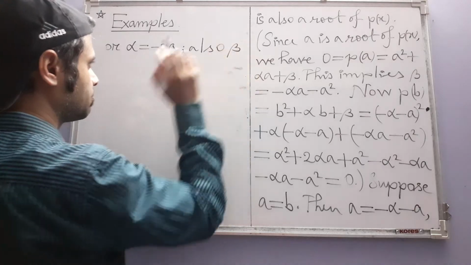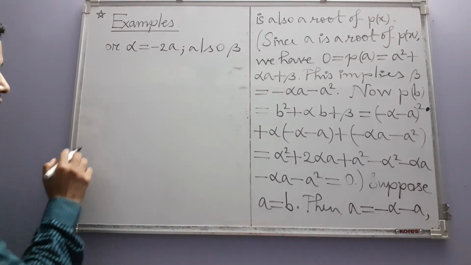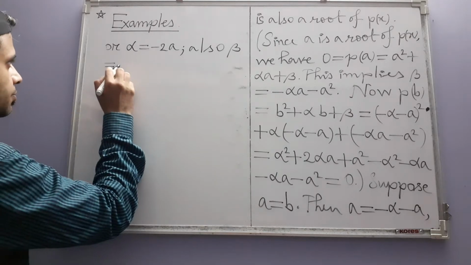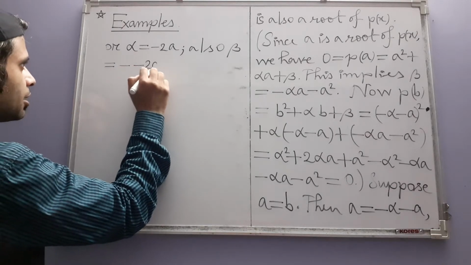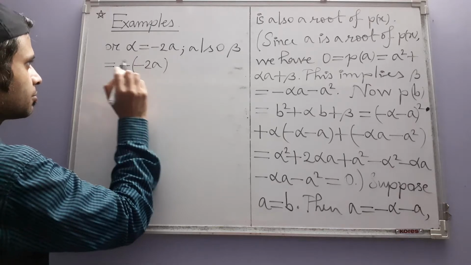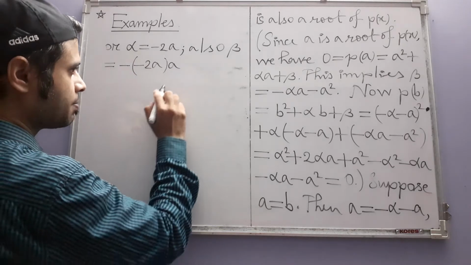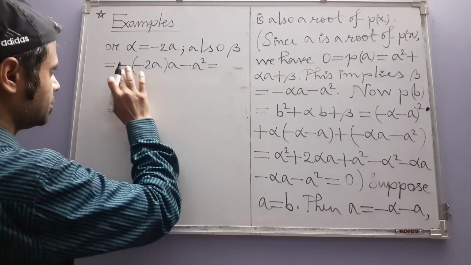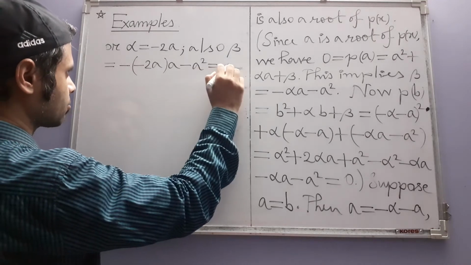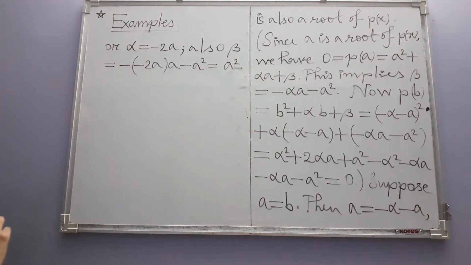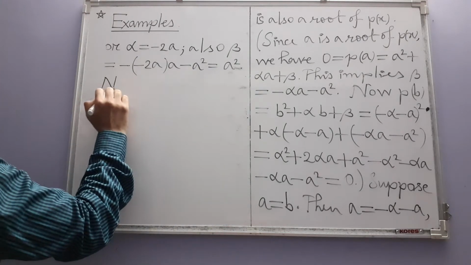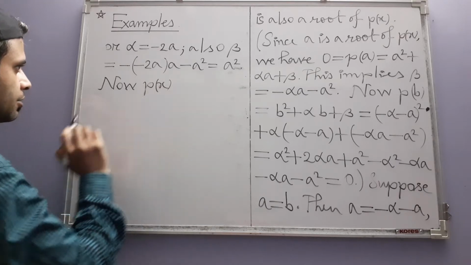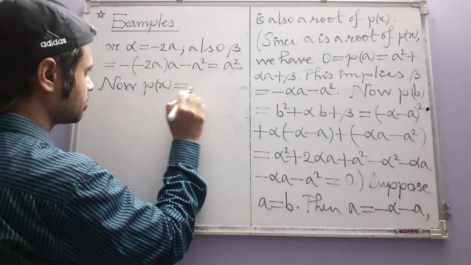Also, let us also see what happens to beta in this special case. So alpha is minus 2A times A minus A squared. So that means minus 2A squared, hmm, 2A squared minus A squared, so this is A squared. Now let us see what Px turns out to be in this special case.